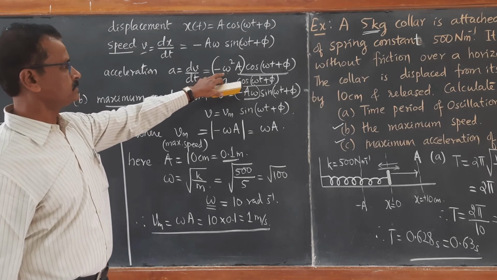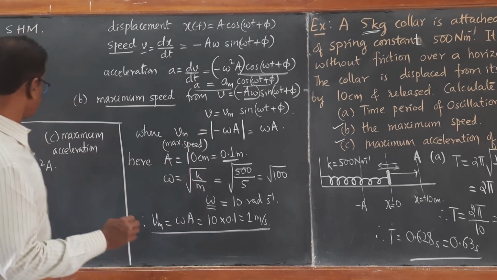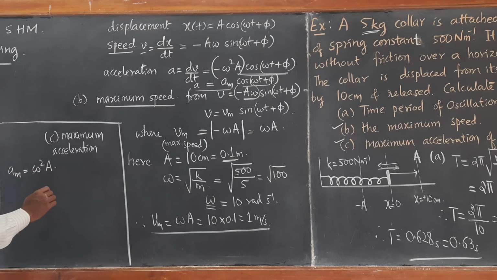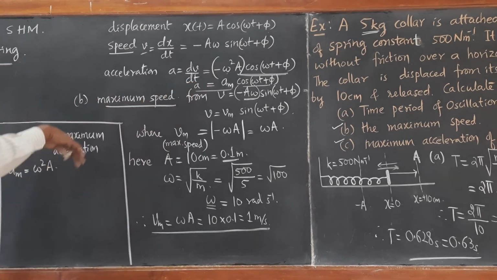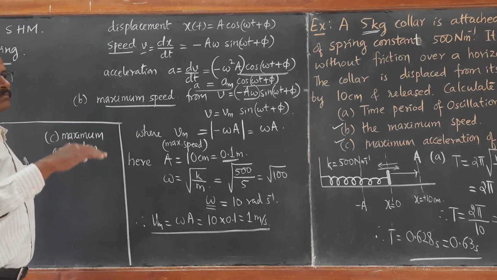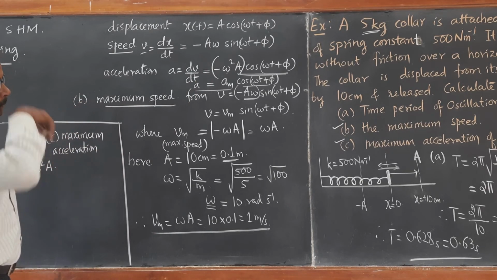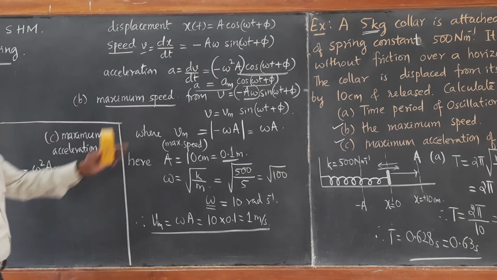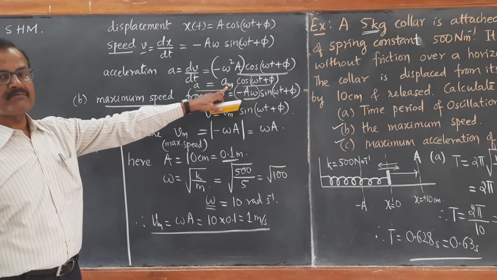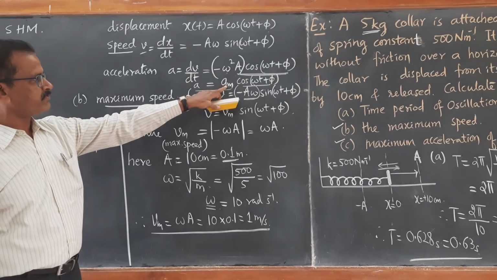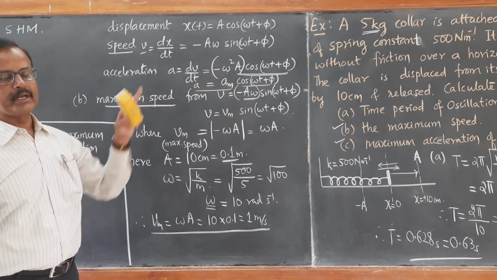Again, I am taking just the magnitude value. The sign is negative with respect to the initial position. Whether it is minus omega squared A or plus omega squared A, that becomes the amplitude of acceleration. So the amplitude of acceleration is always a positive value.